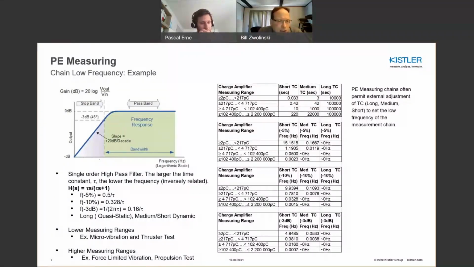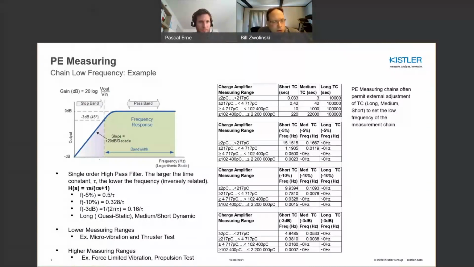What happens in charge amplifiers is that the basic time constant or the low frequency characteristic of the amplifier is effectively related to the measuring range that you've selected. That's not uncommon, okay, in charge amplifiers. I just show you an example here where if you have, let's say, a 3-second time constant, that would relate to, say, a 0.16 hertz 5% frequency on the low end.